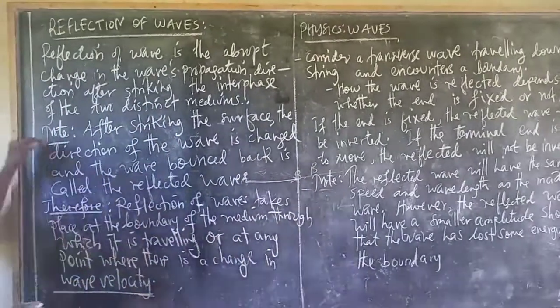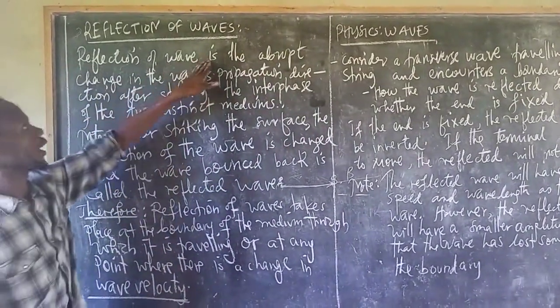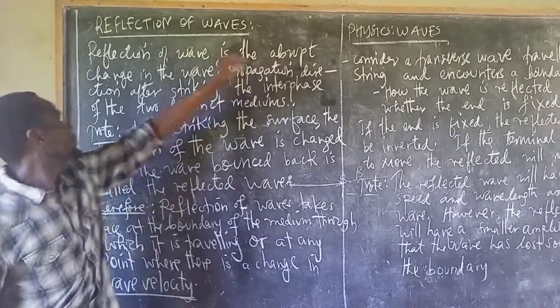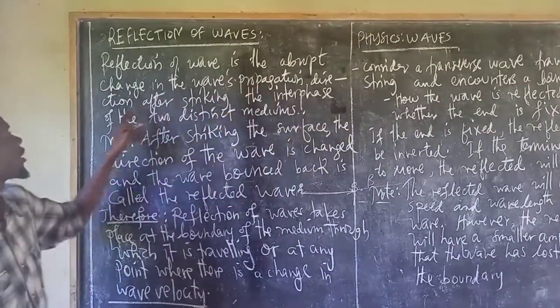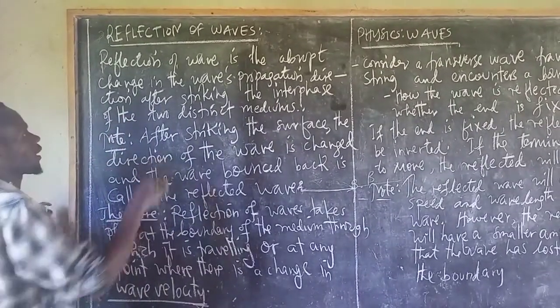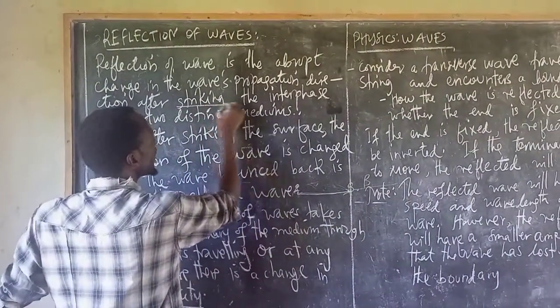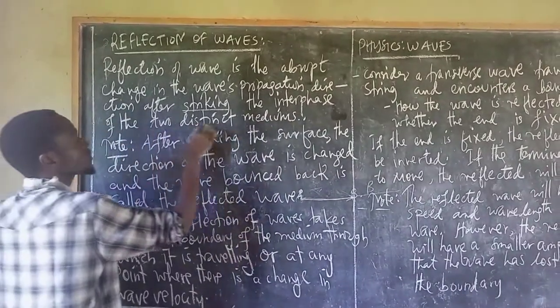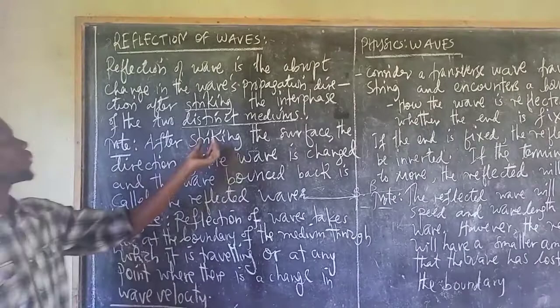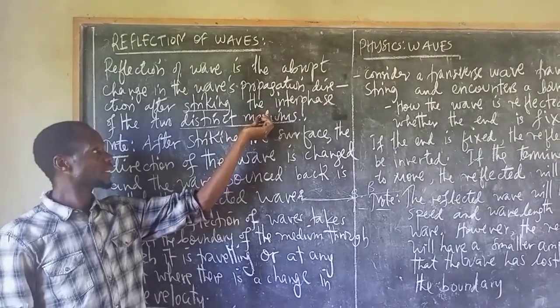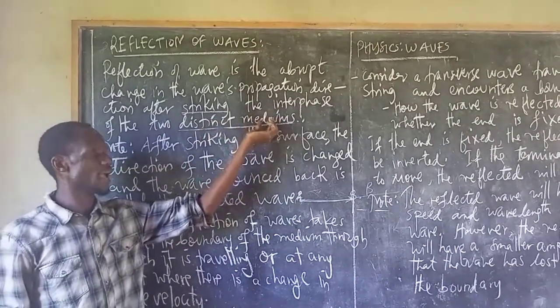And that is why we say it is the abrupt change in the wave's propagation direction after striking the interface of two distinct mediums. Means we are talking about two different mediums. That is what we mean by distinct mediums.